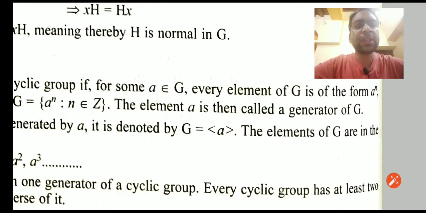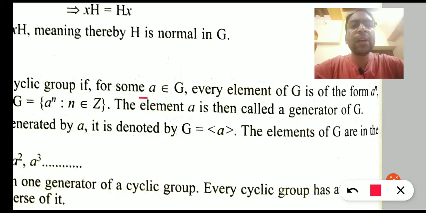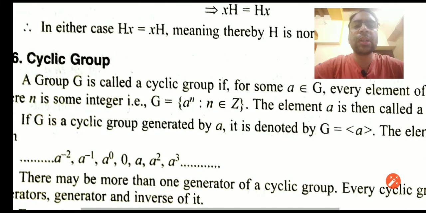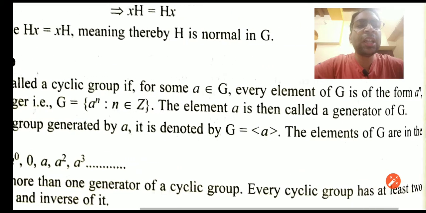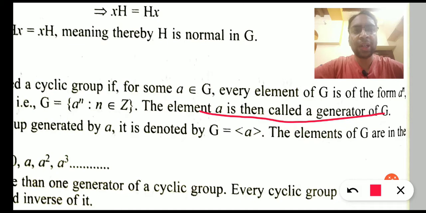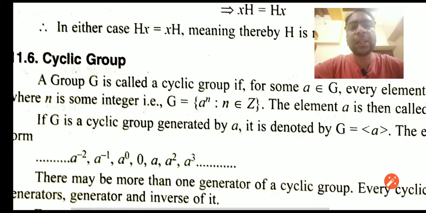That means whenever we have a group G with some element a inside, such that every other element of G can be generated with the help of a to the power n, where n is some integer, the element a is called the generator of the group. So if all the other elements can be generated with the help of the generator only, then this is called a cyclic group.